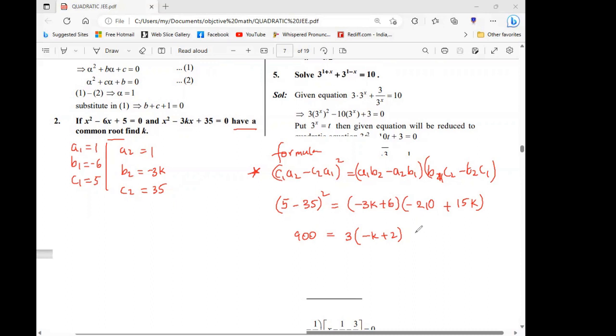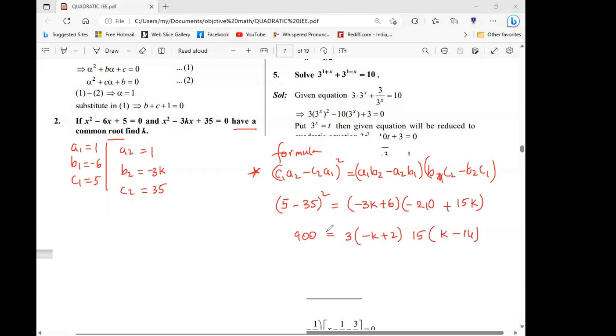Okay, you can take 15 as a common factor from here. Then k minus, how many 15s are 210? 14. 14 15s are 210.